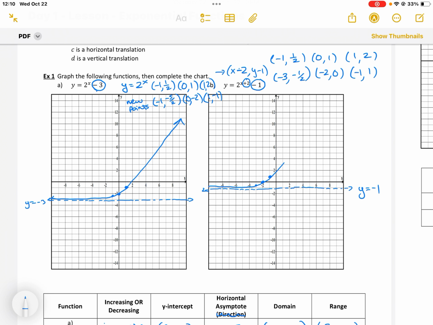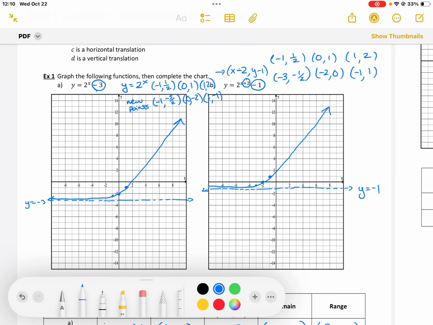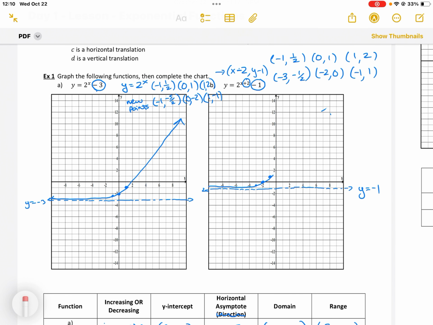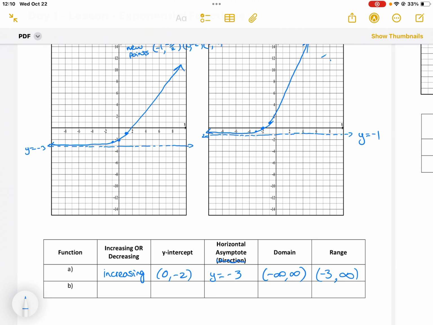And then I'm going to sketch my graph here. I think my y-intercept is actually 3, so I'm going to make my graph go up a little bit more, like this. Okay, so then I'm going to state the same criteria. This one is also increasing. My y-intercept is 3.